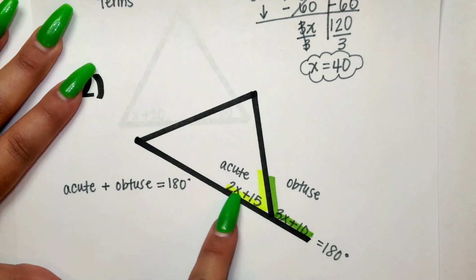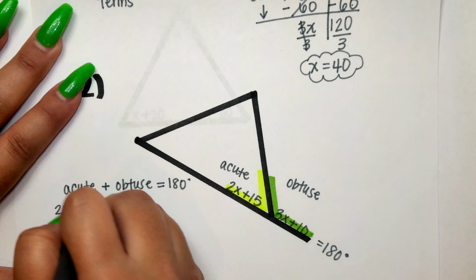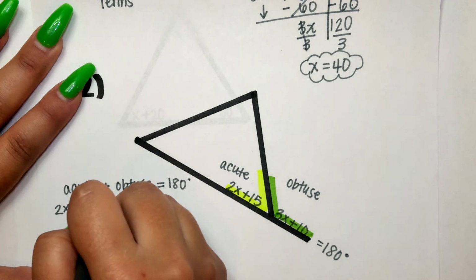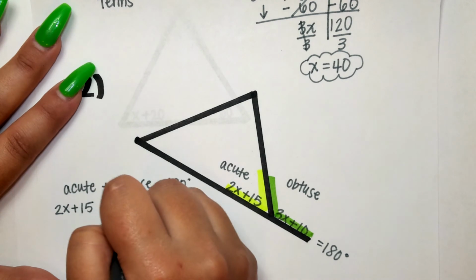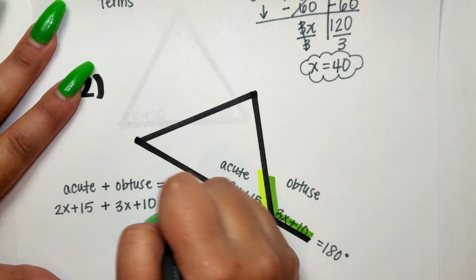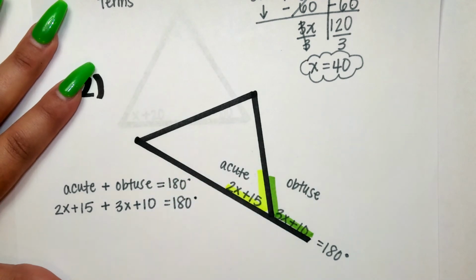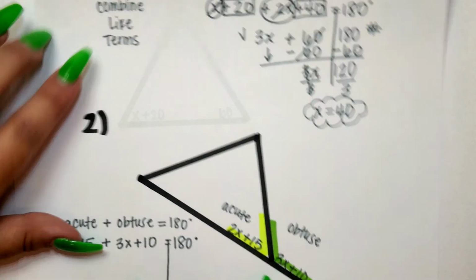So my acute angle is 2x plus 15 plus my obtuse angle of 3x plus 10, which is equal to 180. Now I combine like terms.